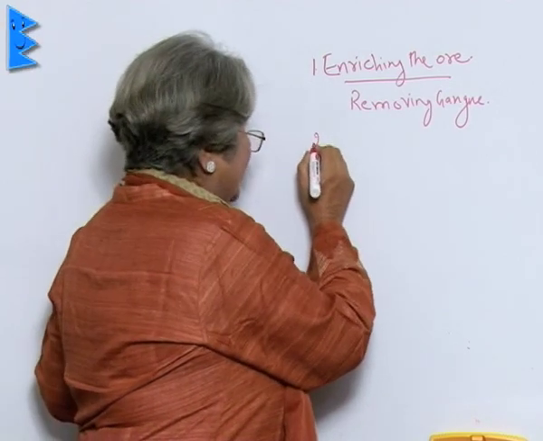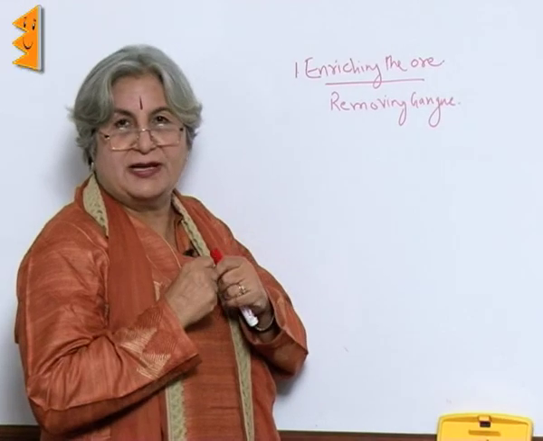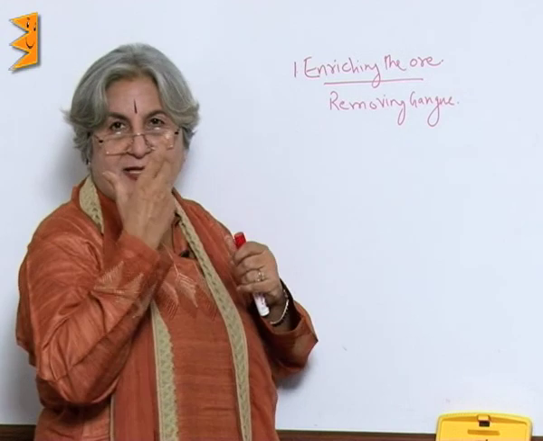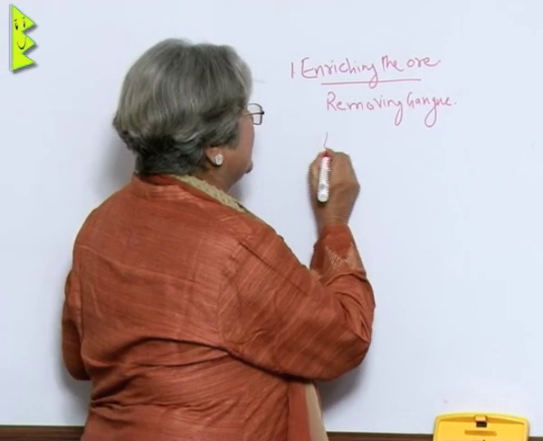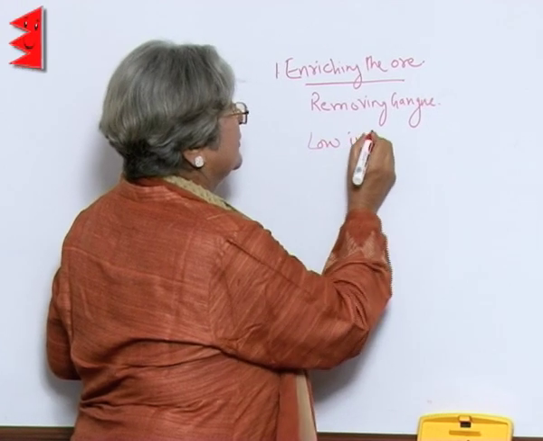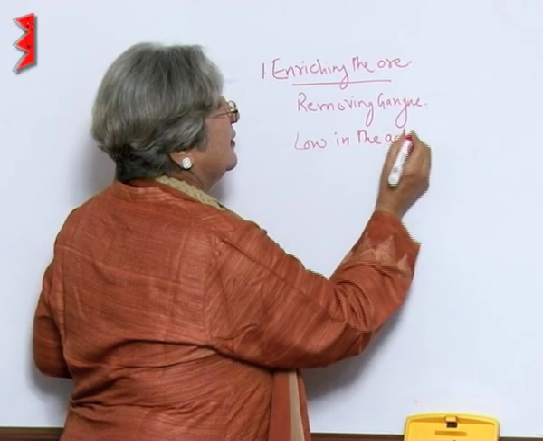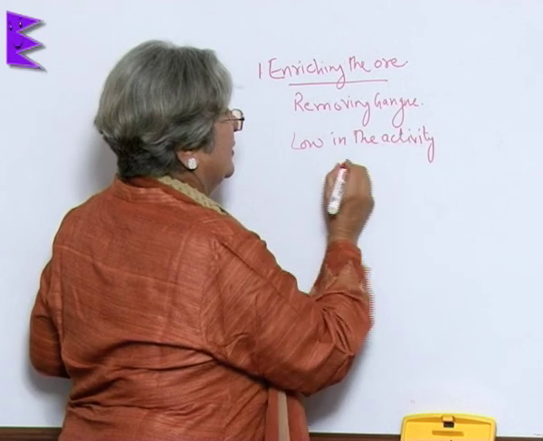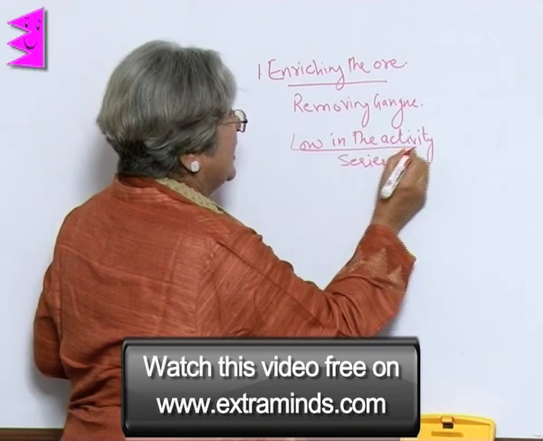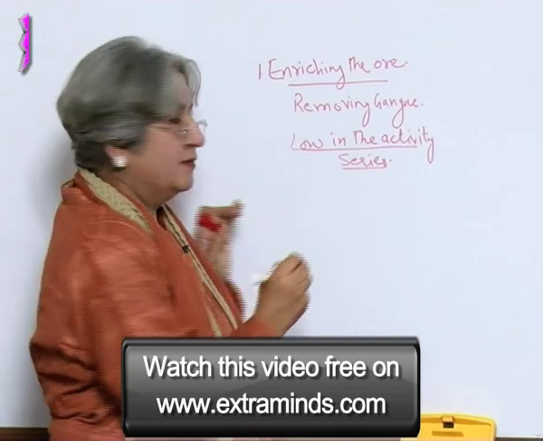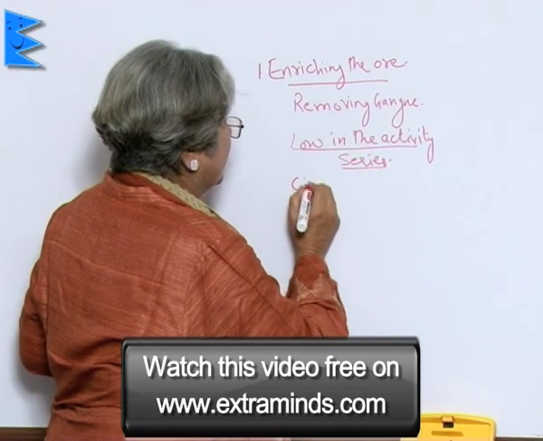Now, the second step. After the ore has been enriched, then comes the next step. If the metal is low in the activity series, then we first change it into oxide, like in the case of cinnabar.